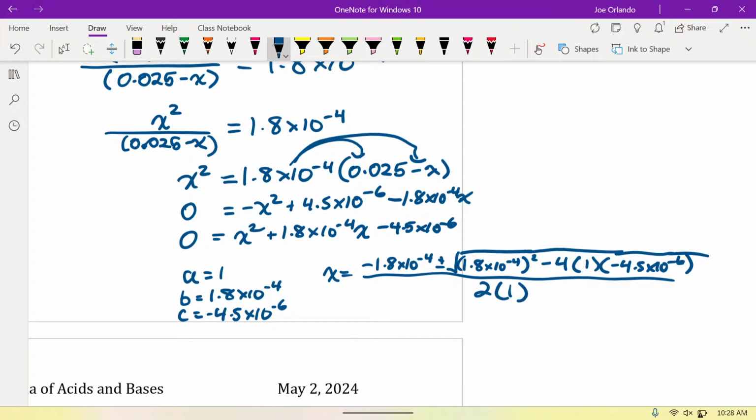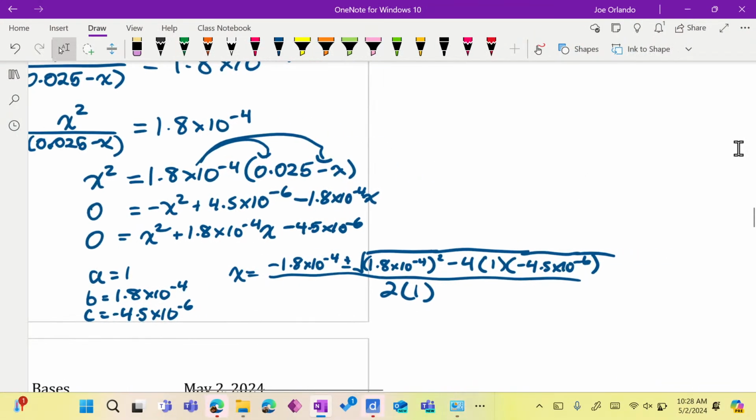But minus 4 times 1 times negative 4.5 times 10 to the negative 6 all over 2 times 1. Okay. And again, how do we do this in our calculator? One shot. All right. What do I have to put the top in? A bracket. Negative 1.8 times 10 to the negative 4 plus the square root of, what do I need here after? Another bracket for all that. 1.8 times 10 to the negative 4, and I've got to square that, right?